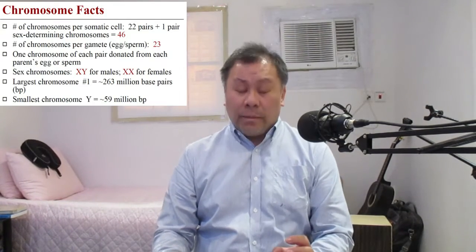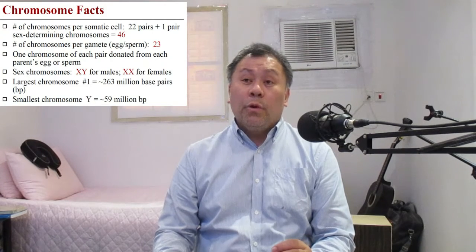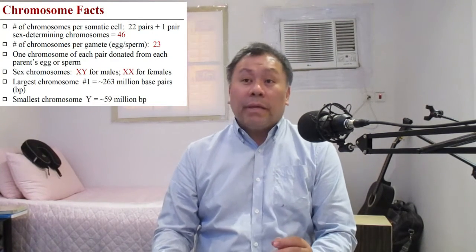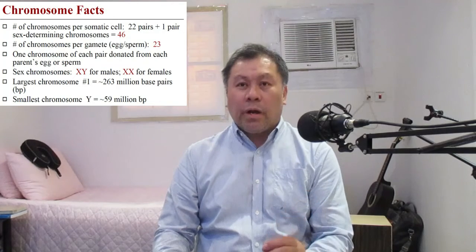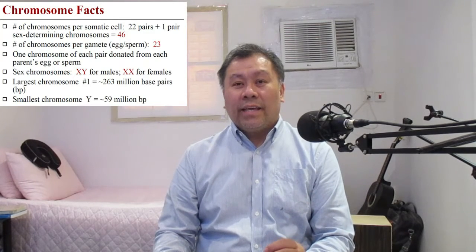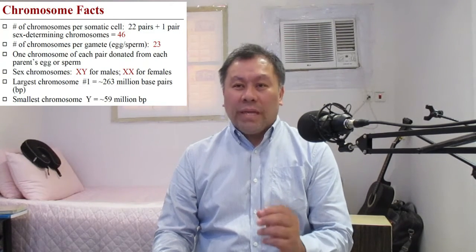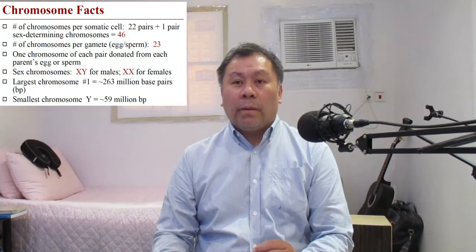The chromosome facts: the number of chromosomes per somatic cell is 22 pairs plus 1 pair of sex-determining chromosomes, which equals 46 in all. The number of chromosomes per gamete, the egg or sperm, is 23, with 1 chromosome of each pair donated from its parent's egg or sperm.